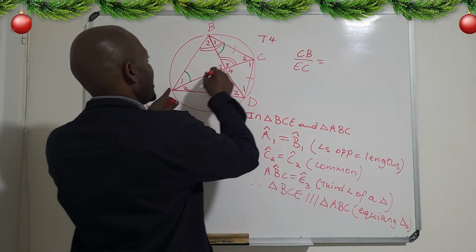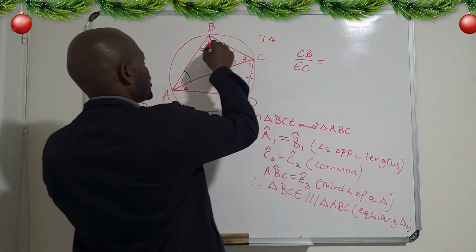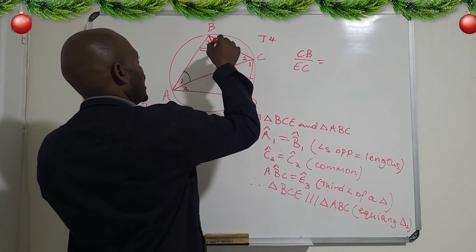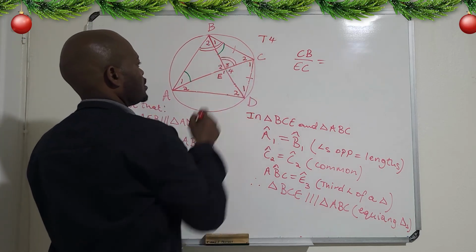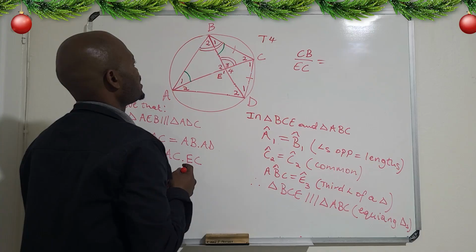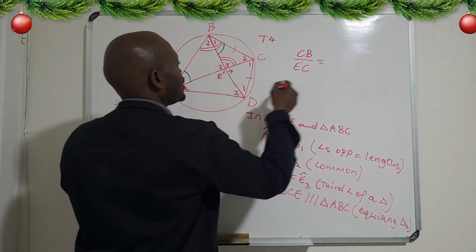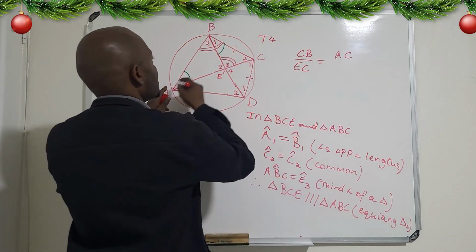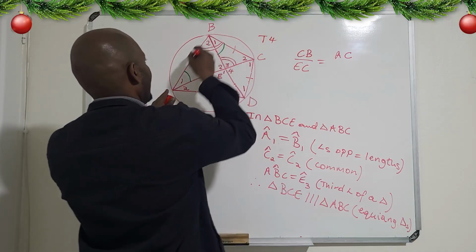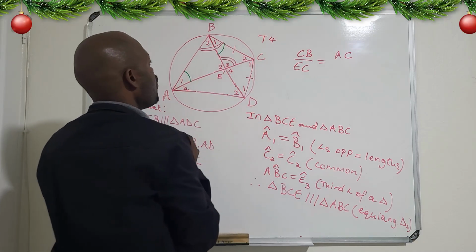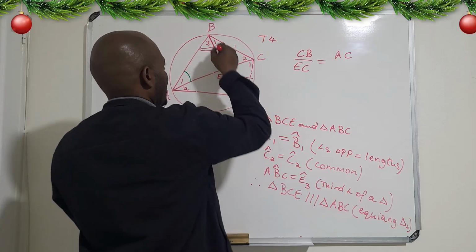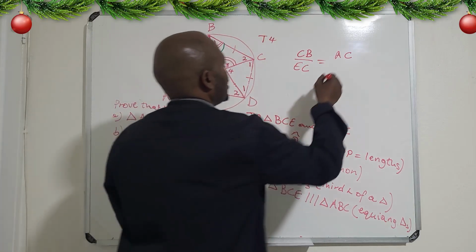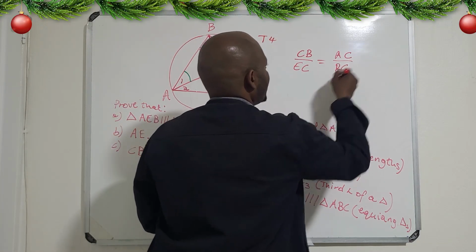Now I can see AC is opposite this angle and BC is opposite this angle. So AC, which is opposite this angle in this triangle, over BC, which is opposite this angle in this triangle.